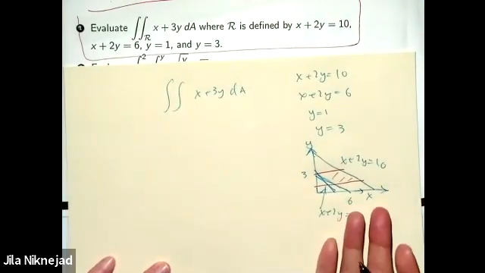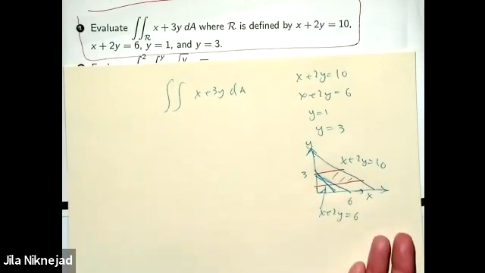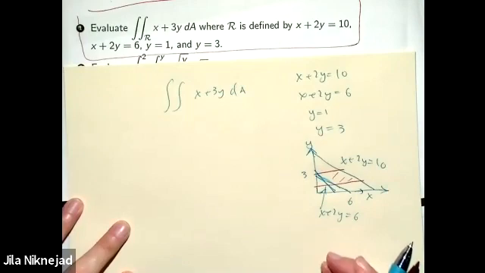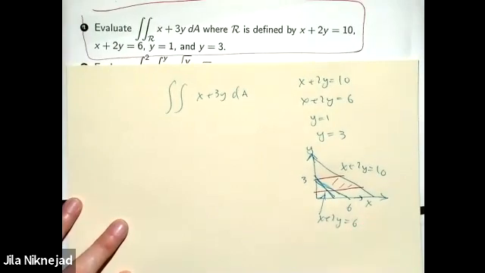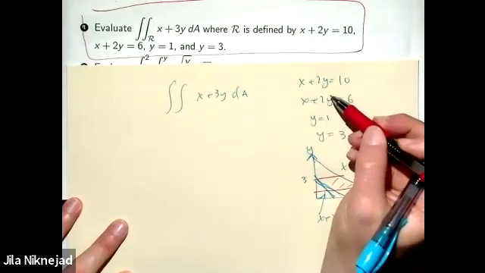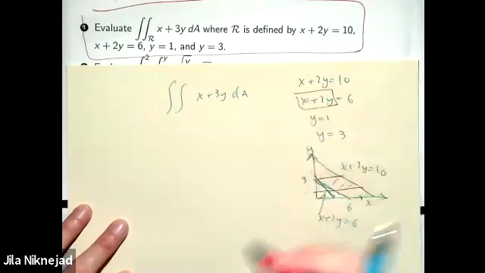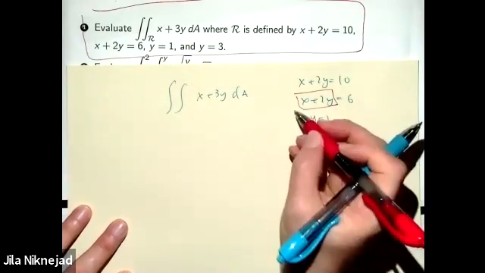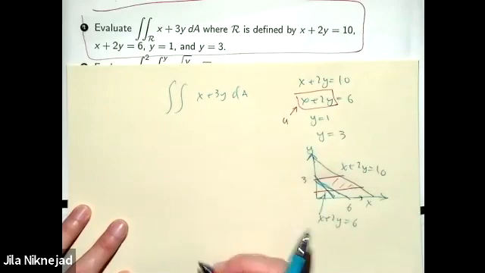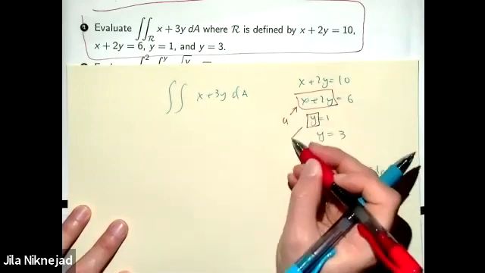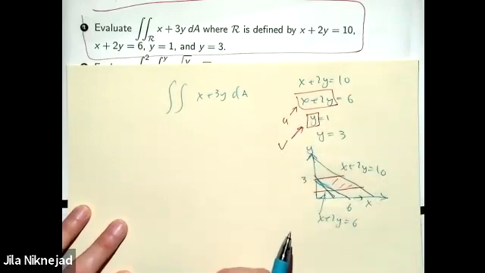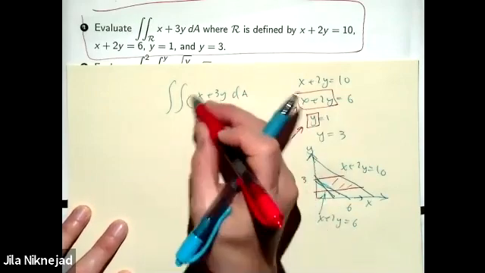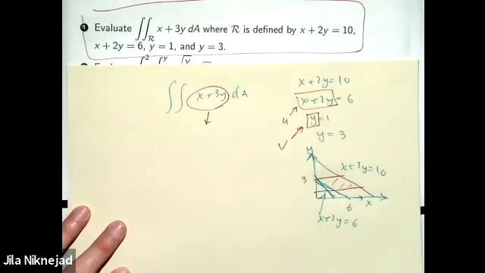Now I want to do a change of variable in here. So how do I do that? My feeling is this. If I choose that to be U and choose this to be V, then what would this be in terms of U and V?